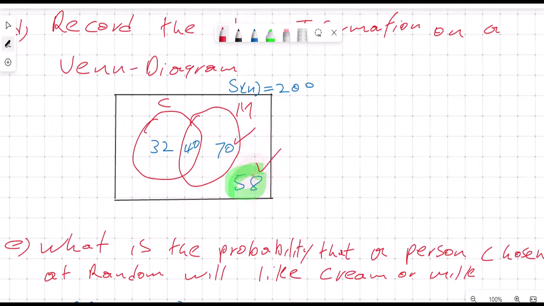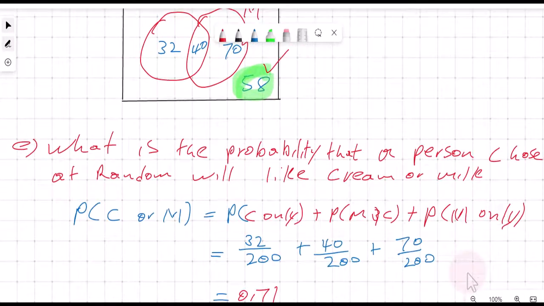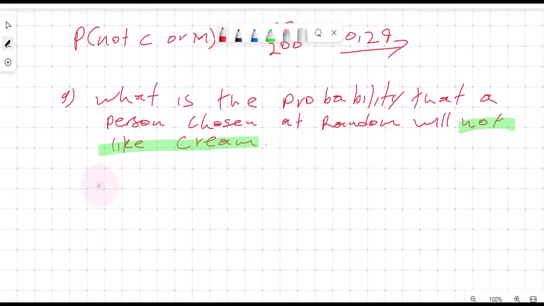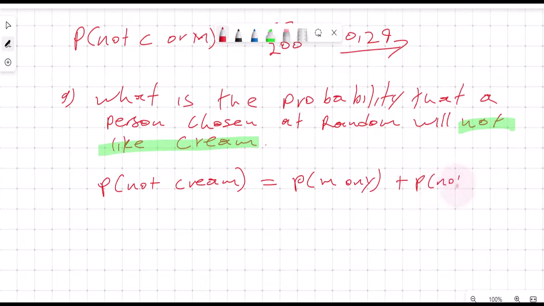So we're going to add the two probabilities. It's going to be the probability of milk only, plus the probability of not milk or cream, because the issue here is that you must not like cream.